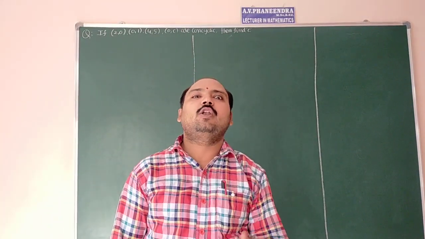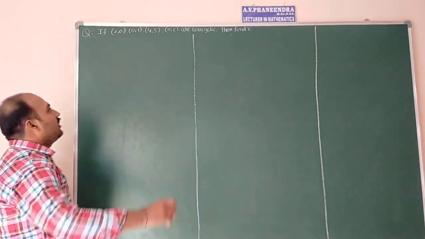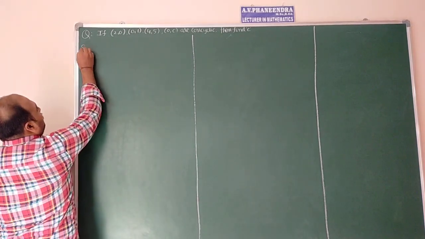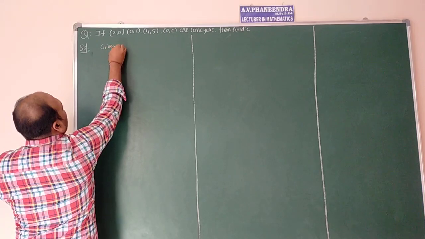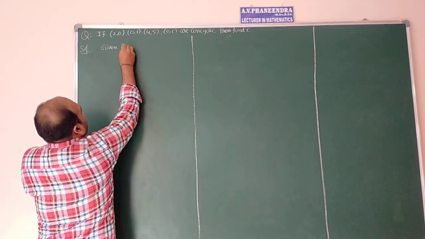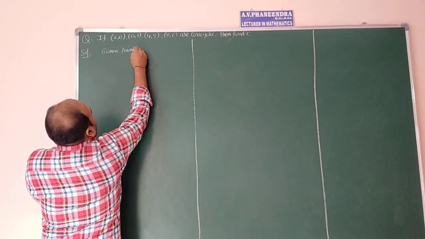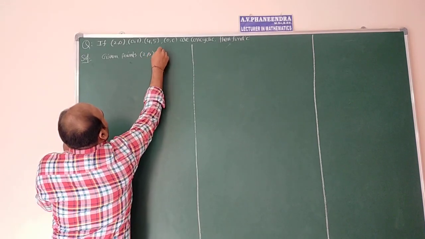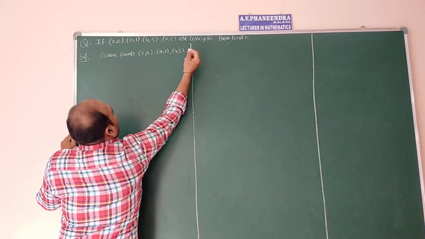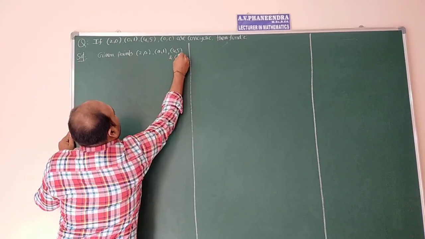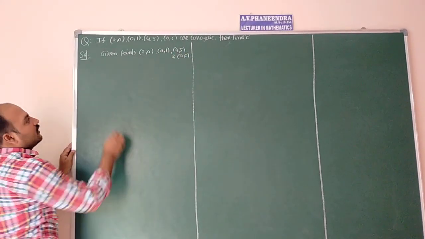So you will get the value of c. So first, given points 2, 0, 0, 1, 4, 5 and 0, c.